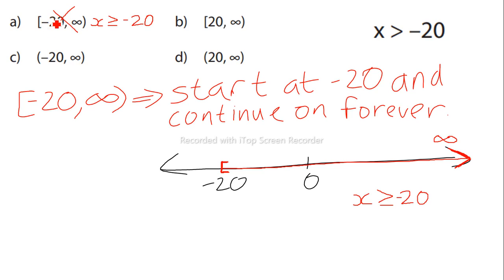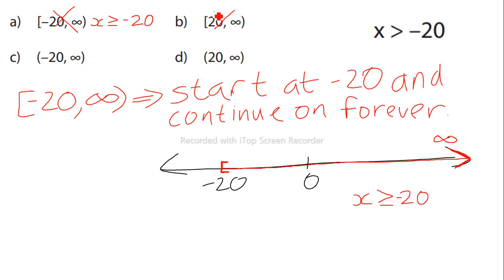Alright, let's look at B. Now the problem with B, we're running out of time for math, but just to do it quickly, B is not going to work because here we're dealing with negative 20, but for B we have positive infinity.